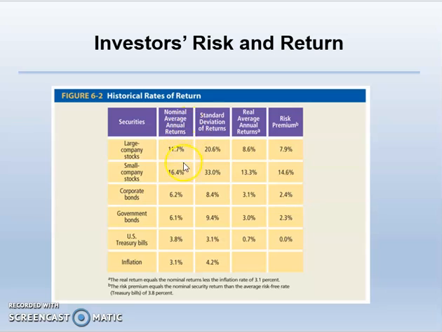So if we take these returns and subtract 3.8%, here's our risk premium, the amount that we're getting paid to take risk. It's the amount over the risk-free rate of return.